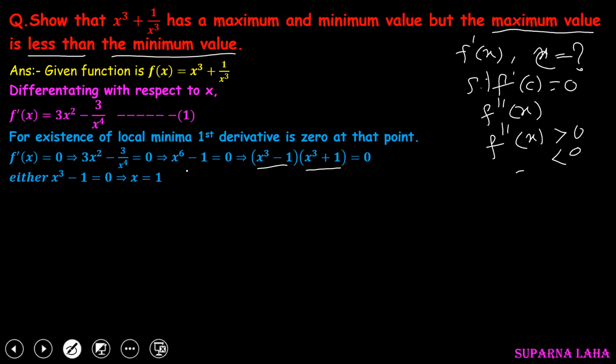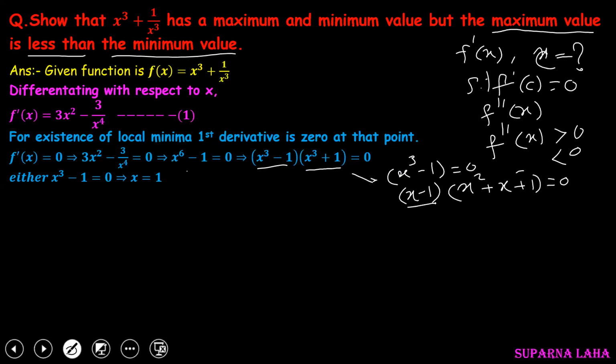Okay, now just break this into factors. First, x cube minus 1 is 0. If we apply the a cube minus b cube formula, the factorization is (x minus 1)(x squared plus x plus 1) is 0.